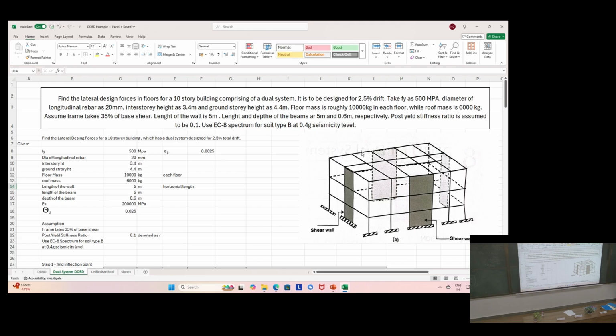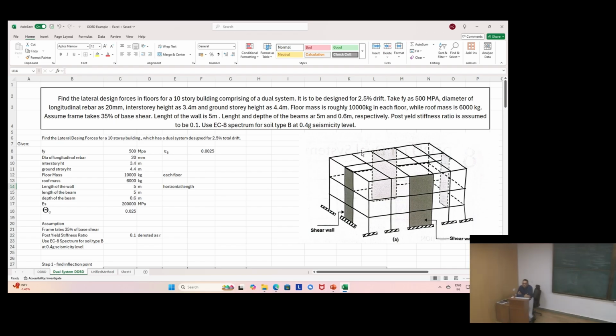And this is pretty unique to concrete, right? If you are using a spine system, then it's 100% to the spine and 0% to the frame. Length of the wall is 5 meters. Length means horizontal length, not the height. Horizontal length of the shear wall.